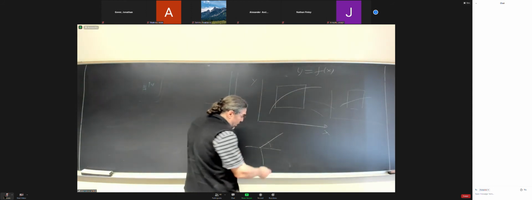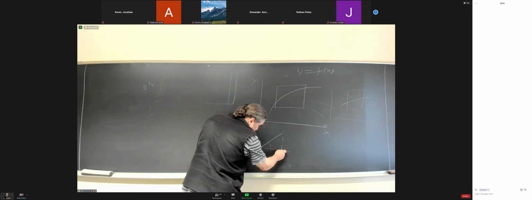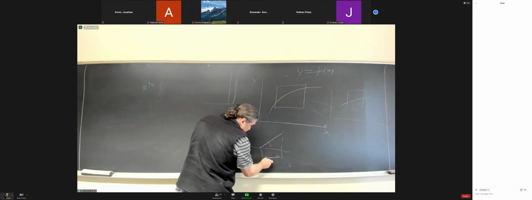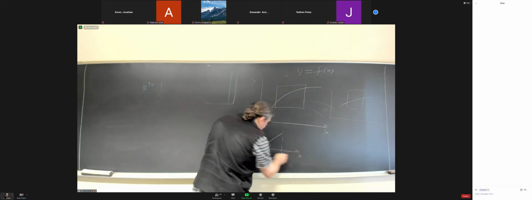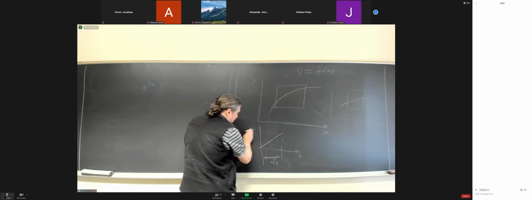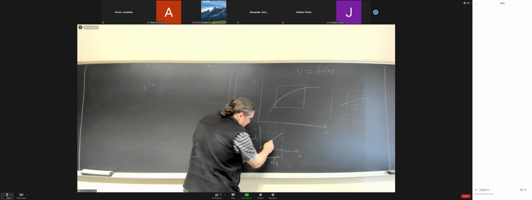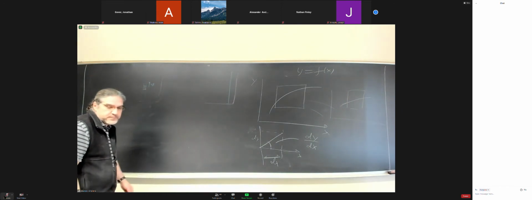And now the slope, so what is the slope? If you have a change of one, this is my x, right? This is my y. So this change is dx, this change is dy, then the slope here equals dy over dx. Right? Does that make sense?